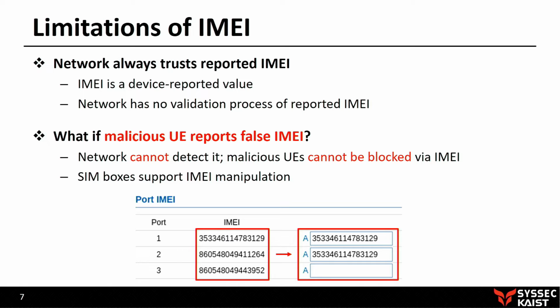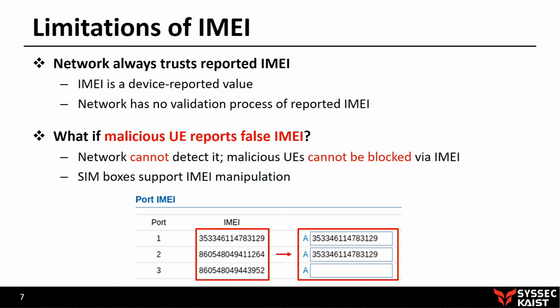Once the device reports its IMEI, the network has to trust it. Therefore, even though a malicious UE reports a false IMEI, the network cannot detect it, and so such malicious devices cannot be detected by IMEI.